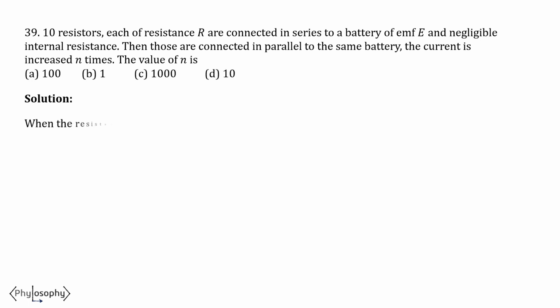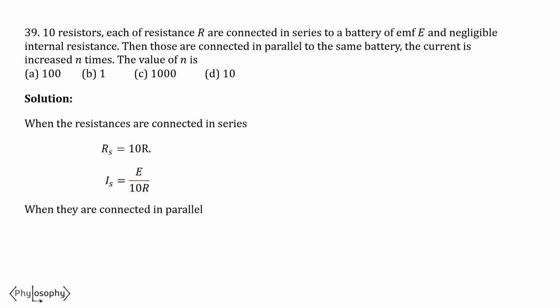So when the resistors are connected in series, the equivalent resistance is 10R. Therefore the current in series combination is given by Is equals E over 10R. Now when the resistors are connected in parallel, the equivalent resistance is given by R over 10.